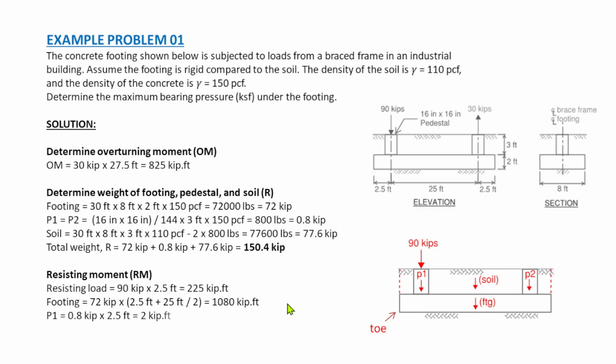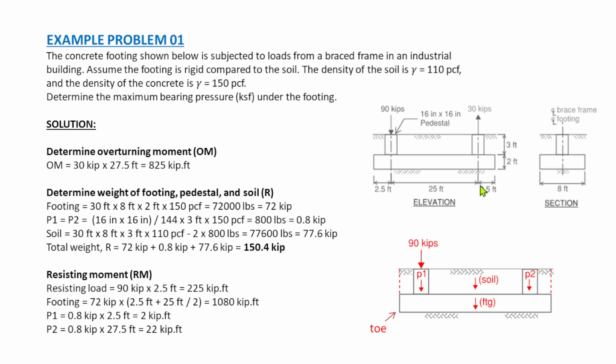The next one is the pedestal. The pedestal is 0.8 times 2.5. We have 0.8 kips for each pedestal. We separate them because the moment arms of the first pedestal and the second pedestal are different. Now, pedestal 2: 0.8 times the moment arm, 27.5.